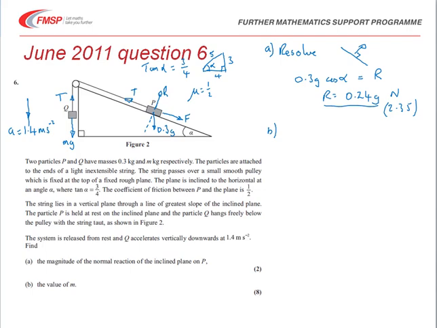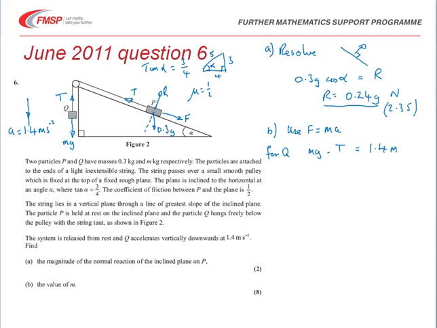However, I think it's probably easier to do two separate equations, one for Q and one for P. So we're going to use F equals ma firstly for Q. And if we do that, we can see that mg minus T is equal to its mass m multiplied by the acceleration 1.4, so we get 1.4 m.